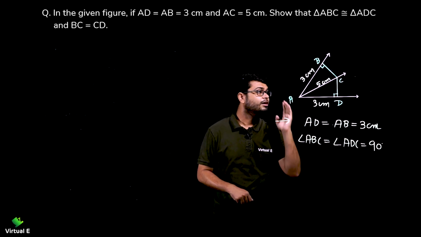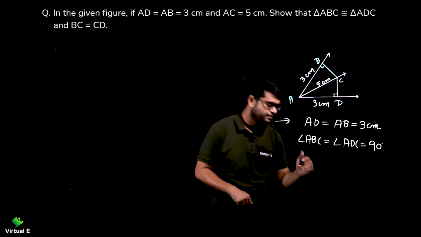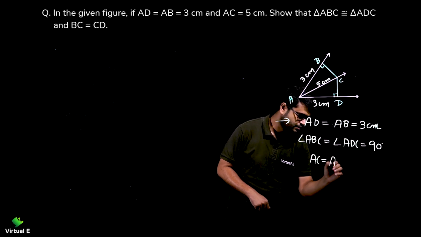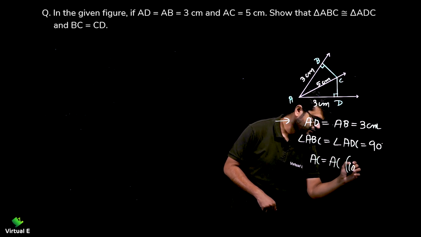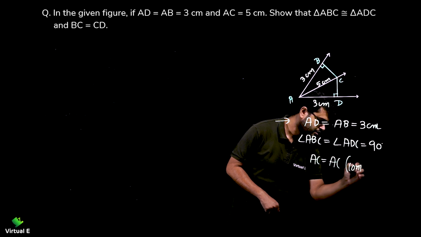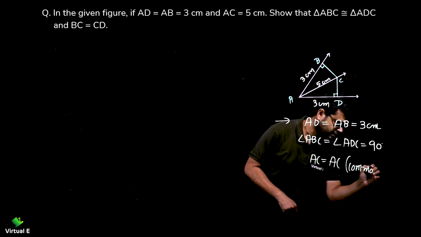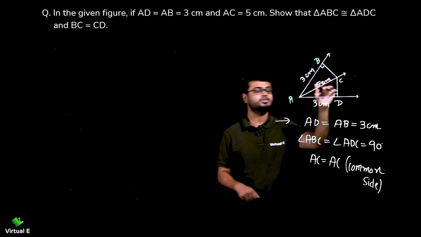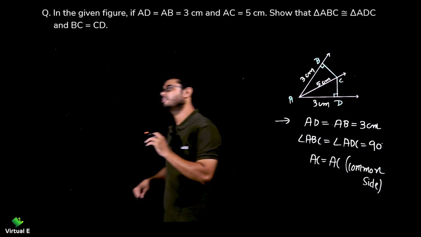That also done. Now one more condition is given, AC. So let's write AC is equal to AC. And what can we write over here? Make sure that we can write common side between these two triangles. I'll explain if you are still confused.